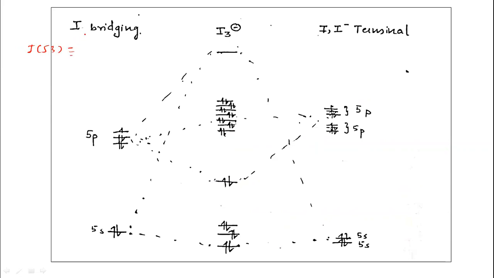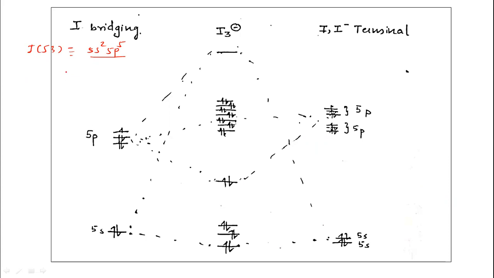It belongs to the fifth period of the periodic table, so it has the electronic configuration 5s2, 5p5. It means 7 valence electrons are there in the valence shell of iodine.